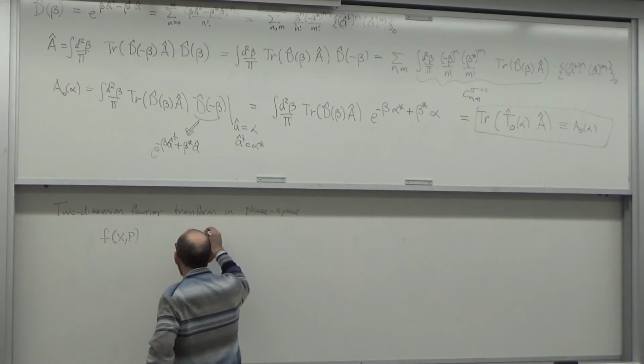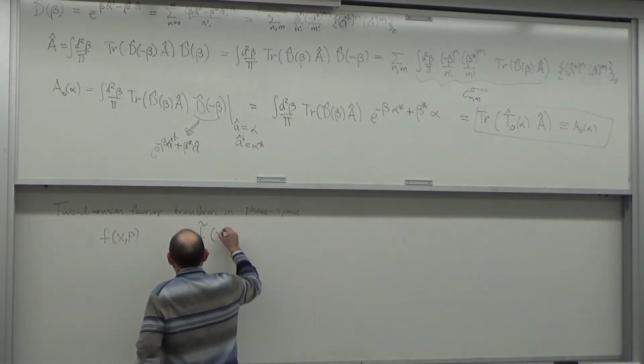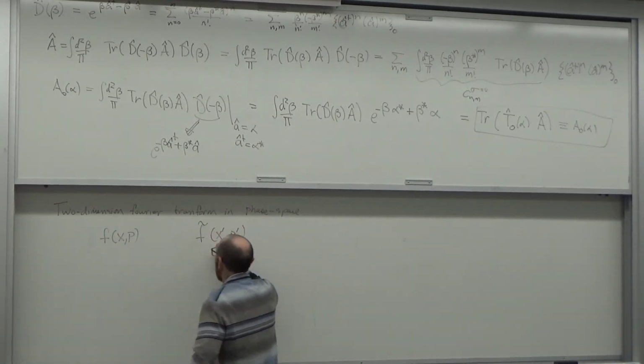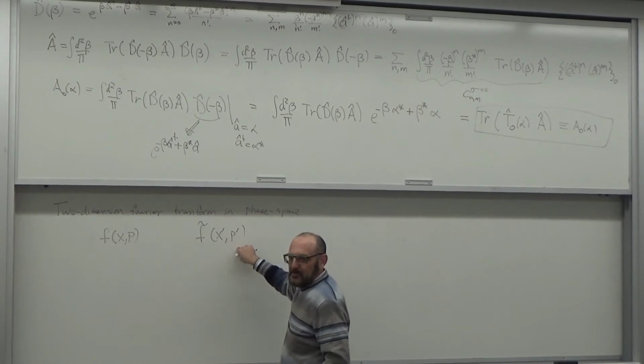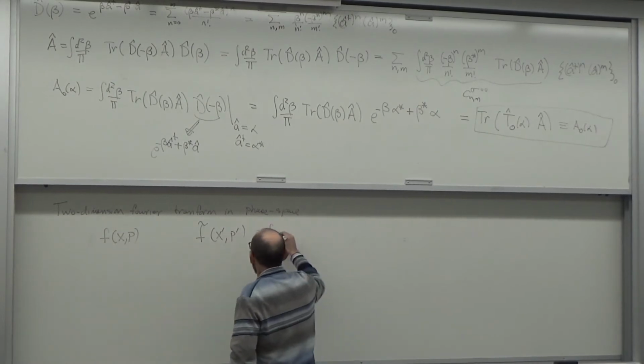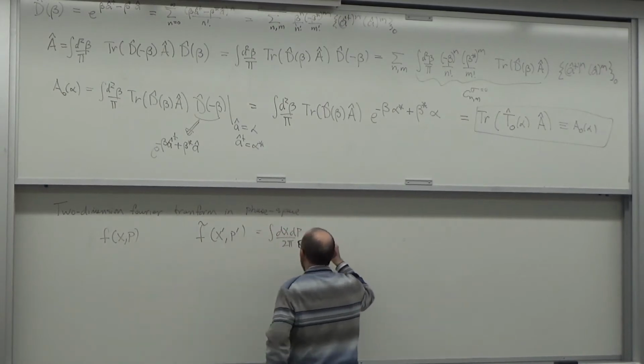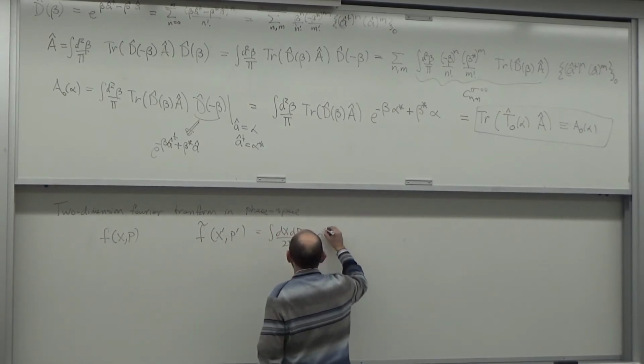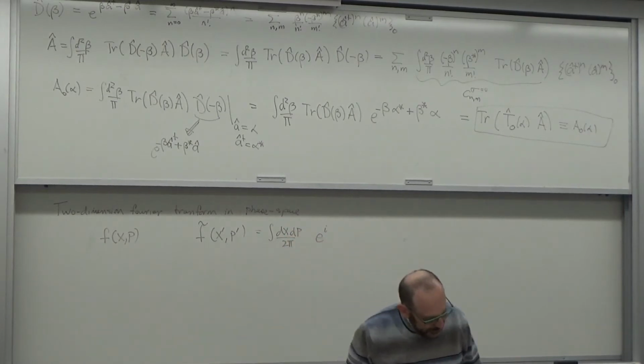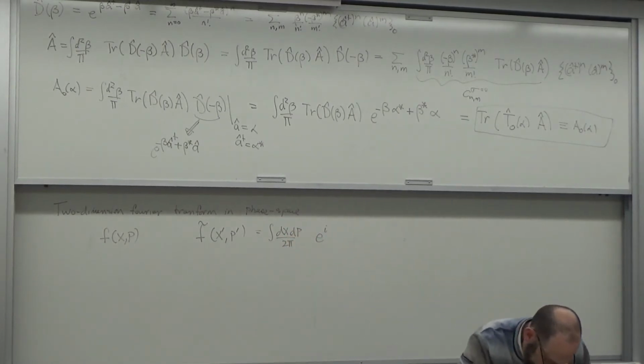So I'm going to define f tilde, and now these are the conjugate variables I'll call x prime and p prime, by Fourier transforming. I've got to look at my sign convention here, because this is where I keep getting screwed up.